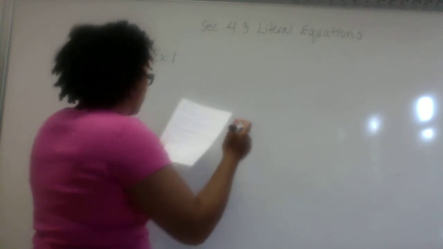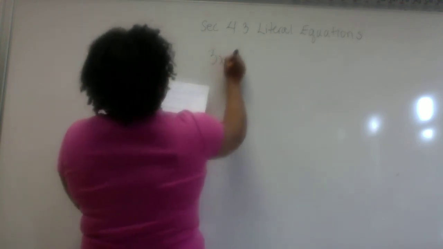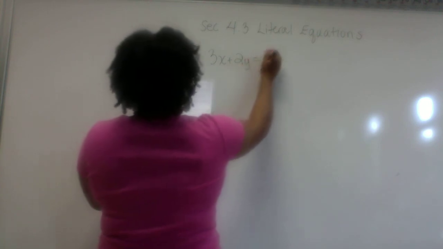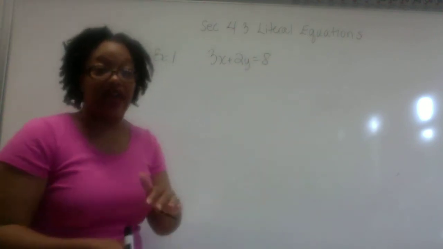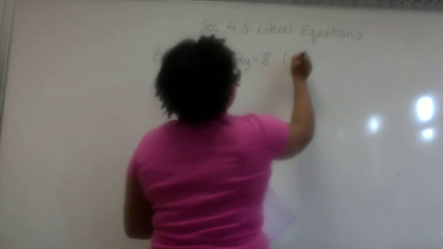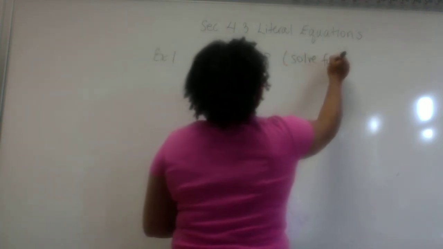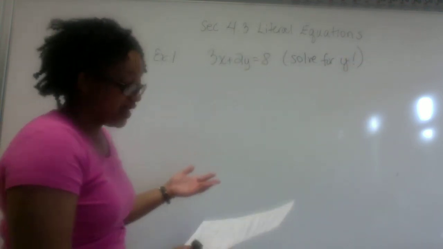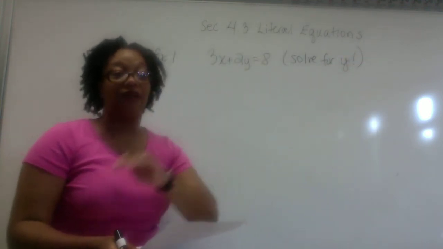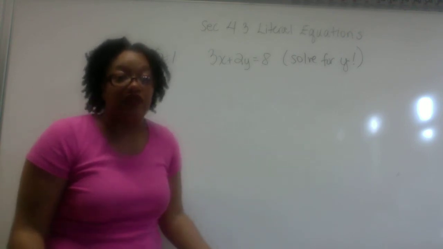Write 3x plus 2y equals 8 so that y is a function of x. So in other words, you're going to solve for y. I know that's some fancy talk, but what they're really saying is if you want y to be a function of x, they just want you to solve for y.